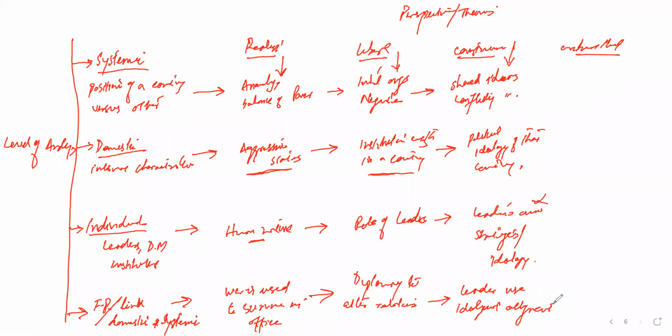Now, as far as critical theory is concerned, critical theory says that the system is corrupt, incapable, we have to change it. Critical theory is an exception case. Largely, you would analyze things within these three perspectives and four levels of analysis.